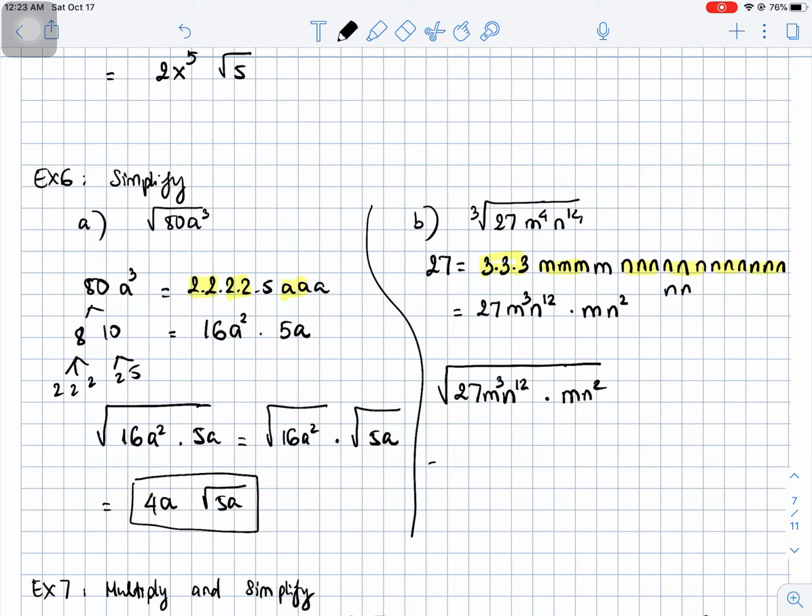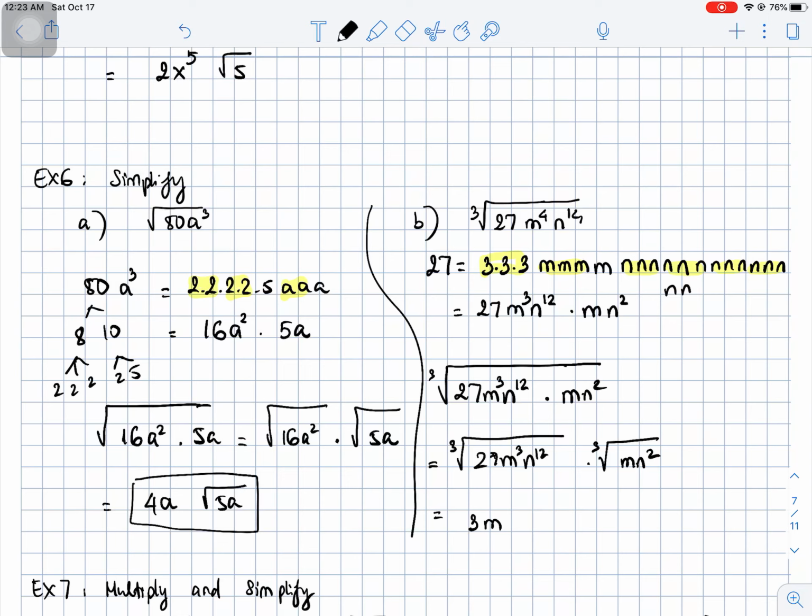So they will be in one group, and the other one we have 1 m left and n squared. So we separate 27 m to the 4th n to the 14 as 27 m cubed n to the 12 times m n squared.